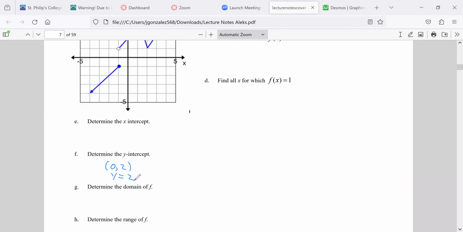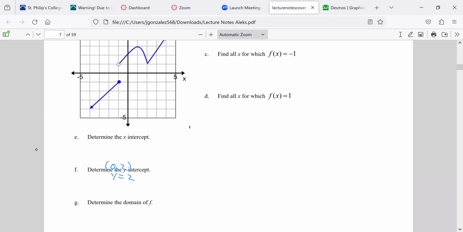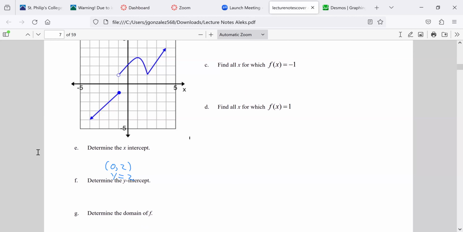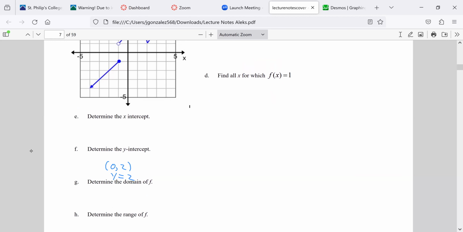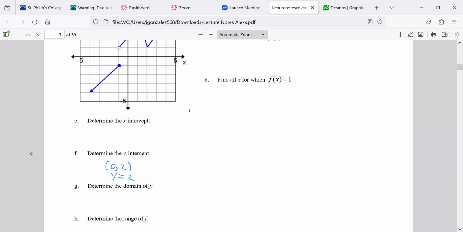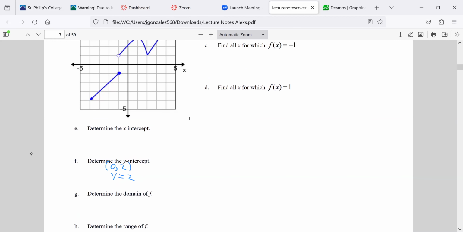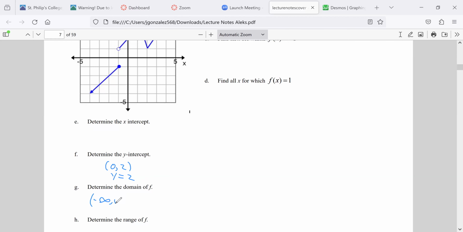What about the domain? Do we hit all x's? Yes, looks like it. It'd be negative infinity to positive infinity, right? Now the range would be negative infinity to negative 1, union positive 1.